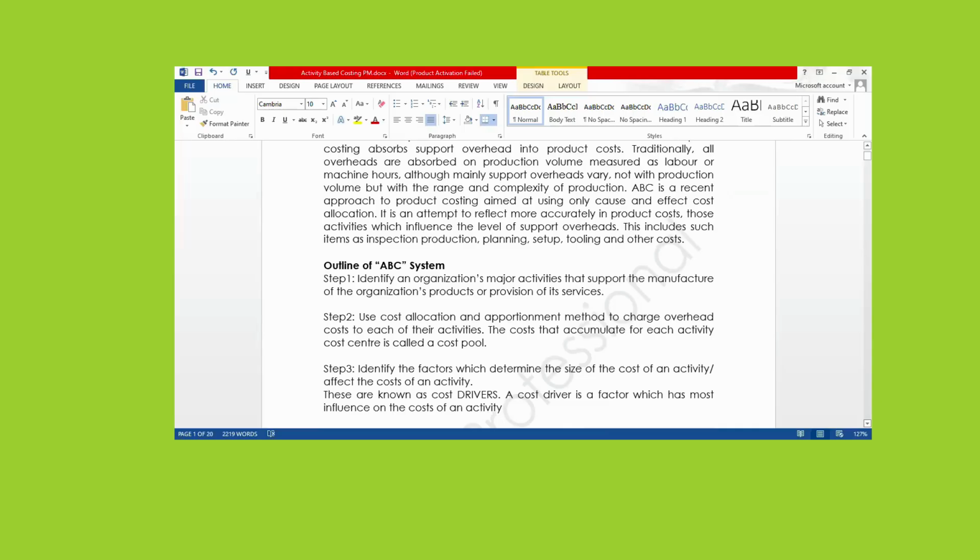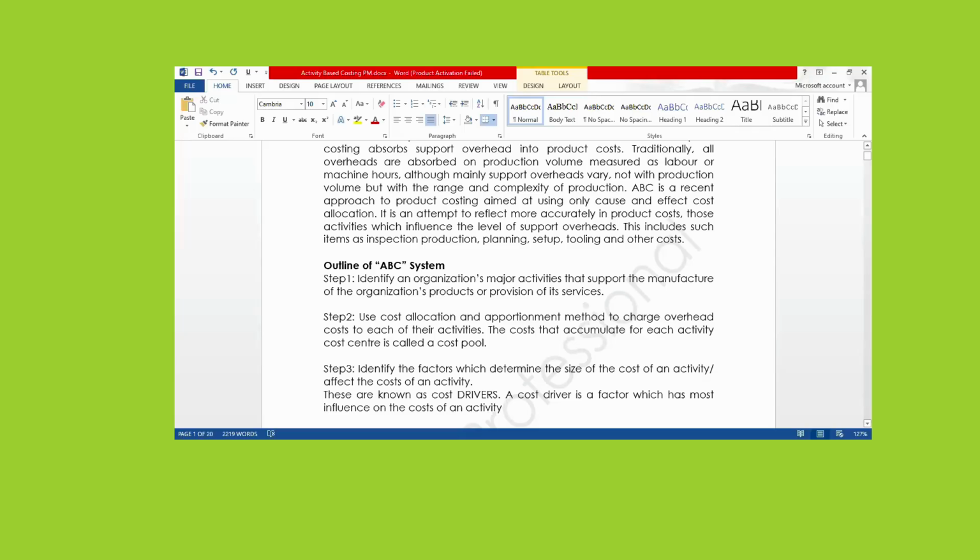Now, outline of the activity-based costing system. If you are to use activity-based costing to account for overhead, what are the steps to be taken?